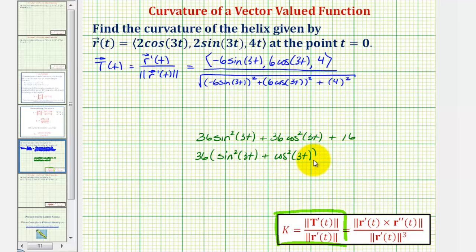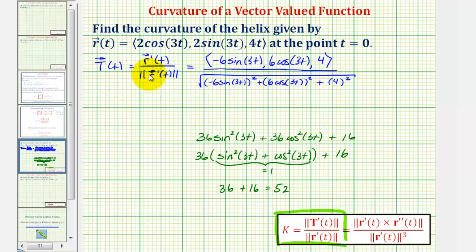Then of course we still have plus 16. But because sine squared theta plus cosine squared theta equals 1, notice how this simplifies very nicely to 1. So our radicand simplifies to just 36 plus 16, or 52.